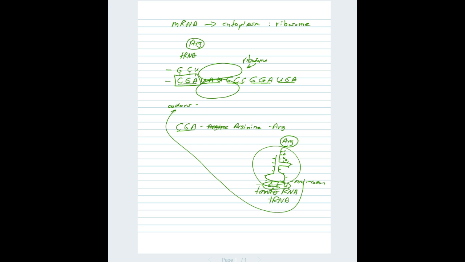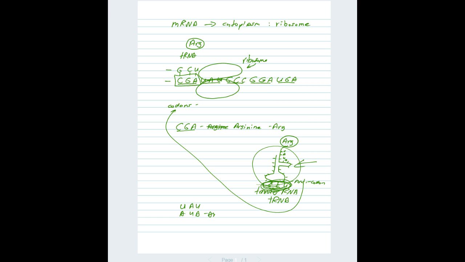So now the ribosome slides down and it reads the next set of bases, UAU. And UAU is a codon for an amino acid called tyrosine. So imagine I had another transfer RNA, but down here on the anticodon, I had the opposite of UAU, which is AUA.